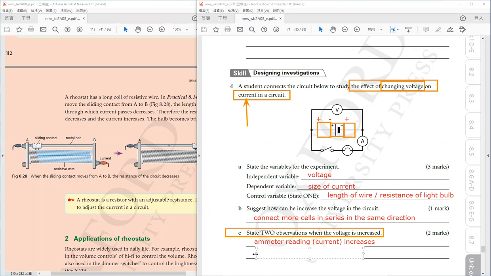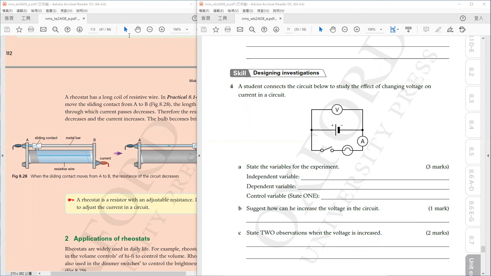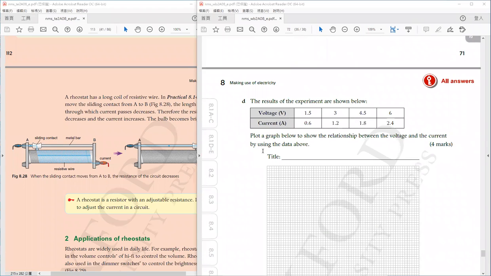Second one, with greater current, the bulb becomes brighter. Okay. Almost the last question.